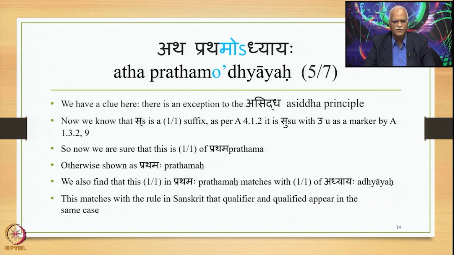We also find that this 1/1 in Prathamaha matches with 1/1 of Adhyayaha. This matches with the unwritten rule in Sanskrit that qualifier and qualified appear in the same case, where Prathamaha is the qualifier and Adhyayaha is the qualified. So the fact that 1/1 exists in Prathamaha as well as Adhyayaha matches with this unwritten rule.